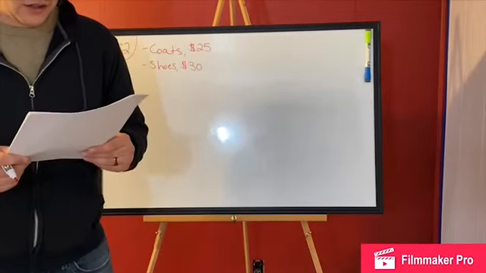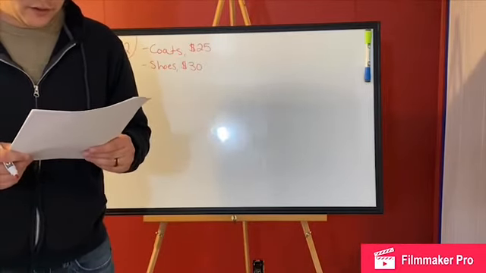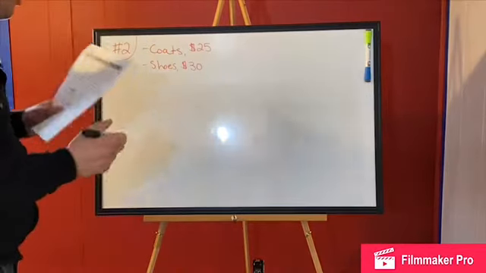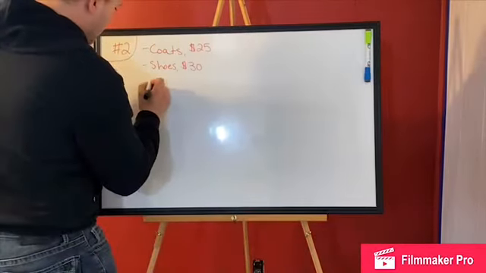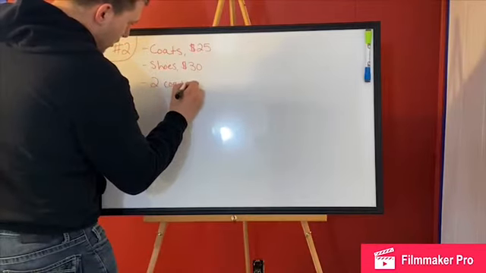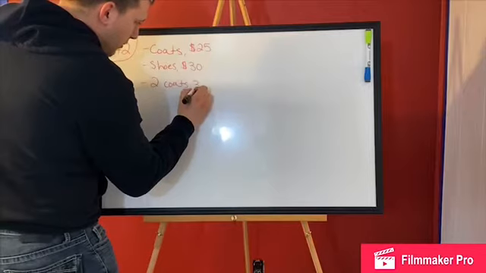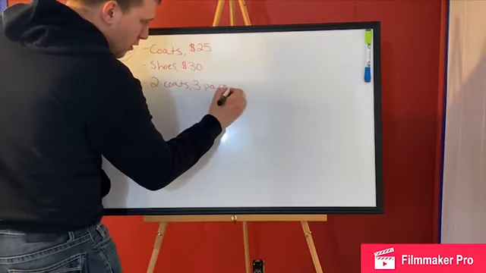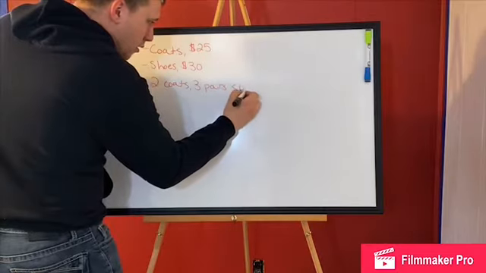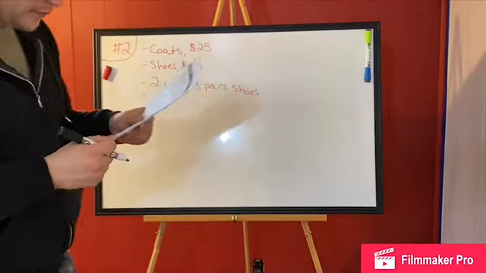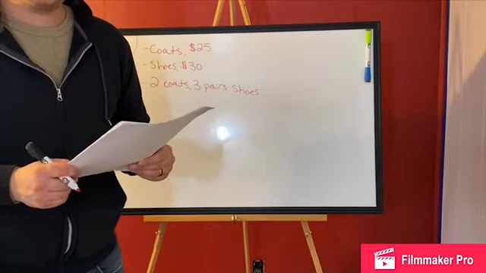The sale is going on all weekend. Chloe buys 2 coats and 3 pairs of shoes. So we have 2 coats and 3 pairs of shoes. How much money does she spend in total?